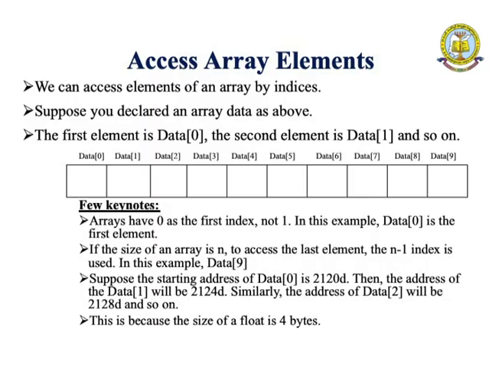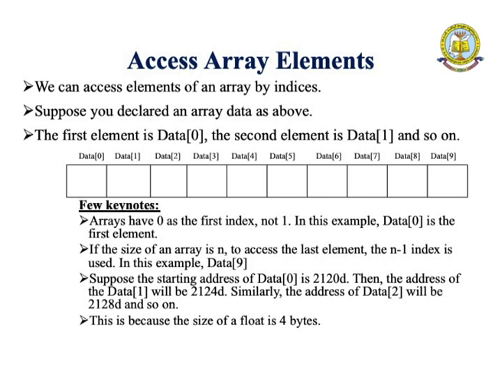Suppose the address of data of 0, just assume the memory address, is 2120D. D indicates the integer. Then the address of data of 1 will be 2124D.